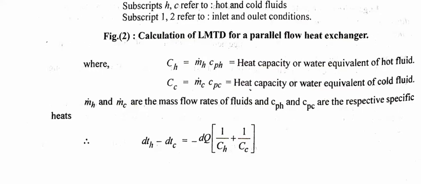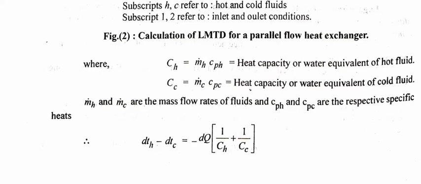Ch is equal to mH Cph, that is the heat capacity of water equivalent of the hot fluid, and Cc is equal to mc Cpc, the heat capacity of water equivalent of the cold fluid. mH and mc are the mass flow rates of the fluids, and Cph and Cpc are the respective specific heats.